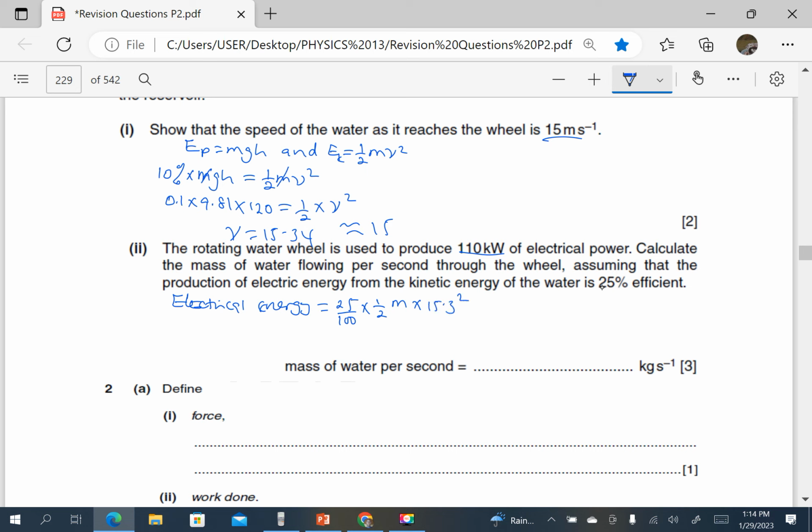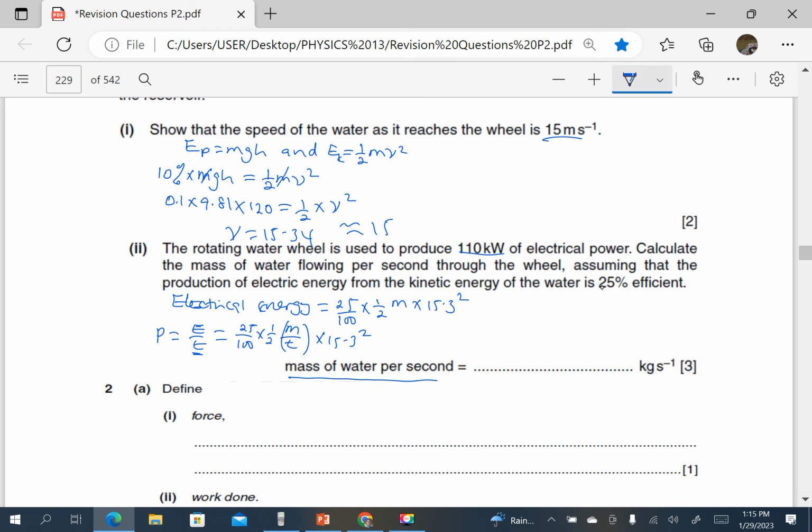That is the electrical energy. But remember, electrical power is electrical energy divided by time. So this is going to be equal to 25 over 100 times a half times m divided by t, then times 15.3 squared. I've divided m by t because I want mass per second. In other words, I'm dividing electrical energy by time.